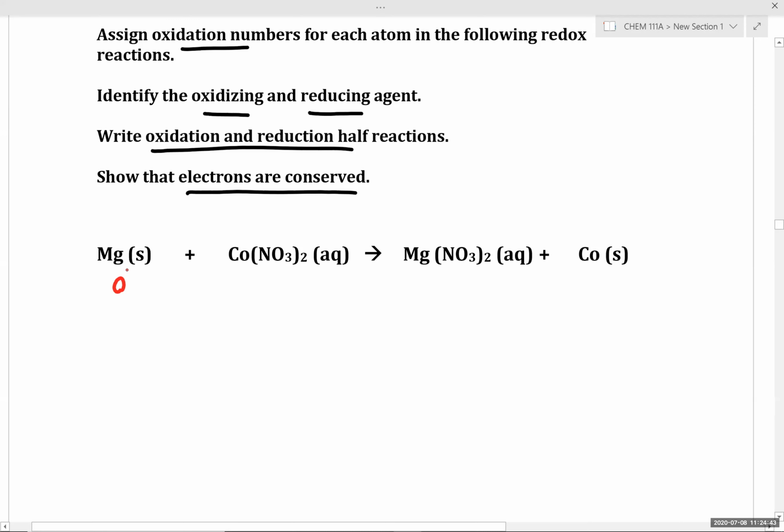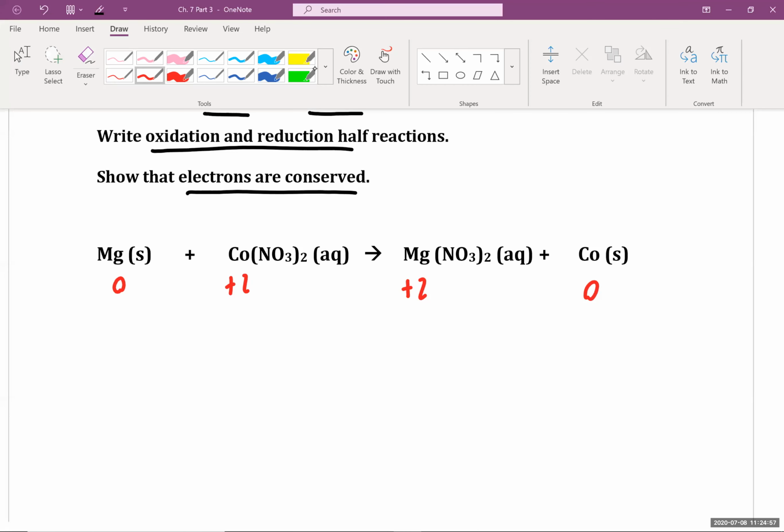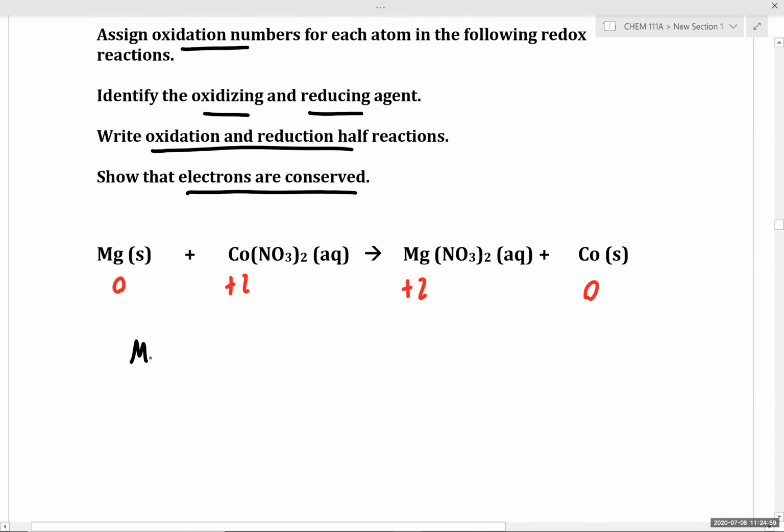Manganese solid is 0. Cobalt in cobalt nitrate is going to be +2. Manganese in manganese nitrate is +2. Cobalt solid is 0. Okay, so manganese, we went from manganese solid to manganese 2+ aqueous.